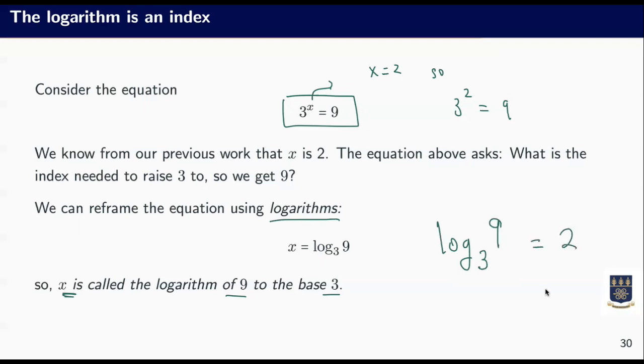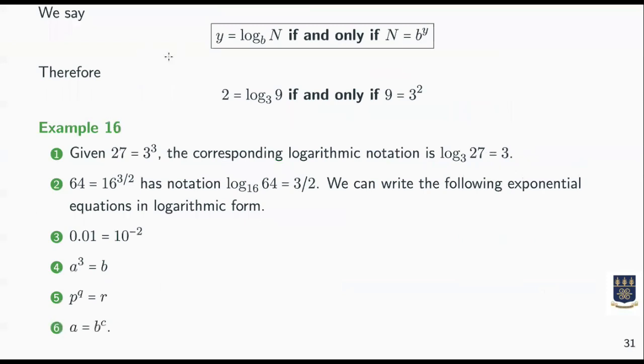And so the official definition is here. We say that this number y is the log of n to the base b if and only if b to the power y is n. And therefore, log to the base 3 of 9 is 2 because 9 is 3 squared.